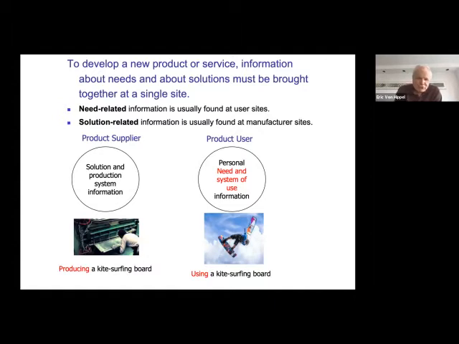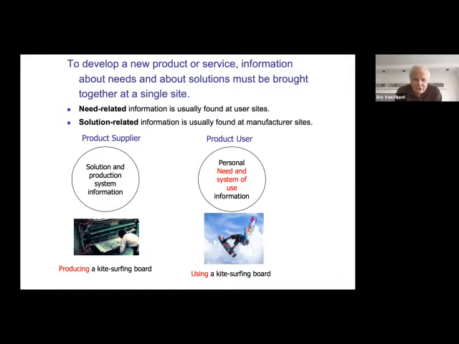So if the person there who's a kite surfer is saying, well, I need a change to my board, that person also knows all the related things he or she is trying to do that requires that change and therefore informs that change. So maybe the guy is trying to do a flip or something like that, uses muscles and everything else to try to achieve this and says, darn it, that board just isn't doing what it should do.